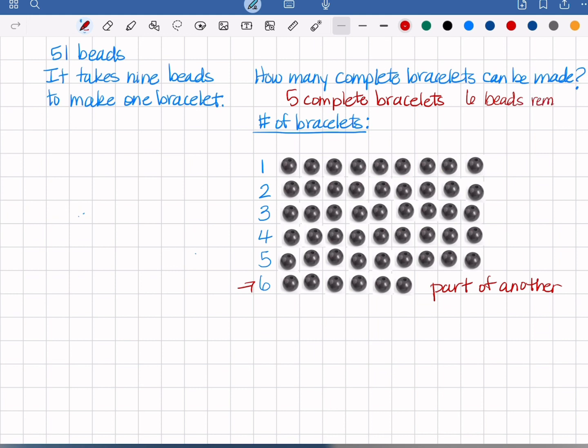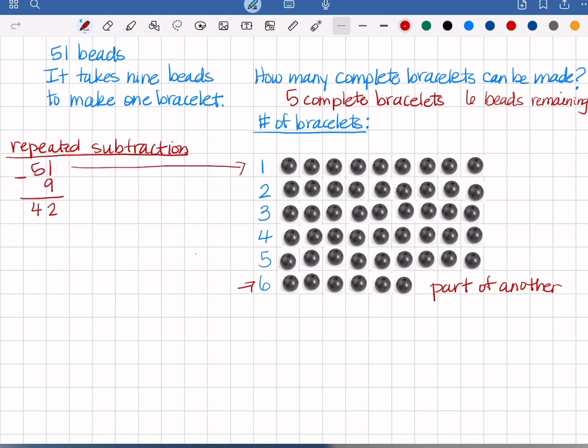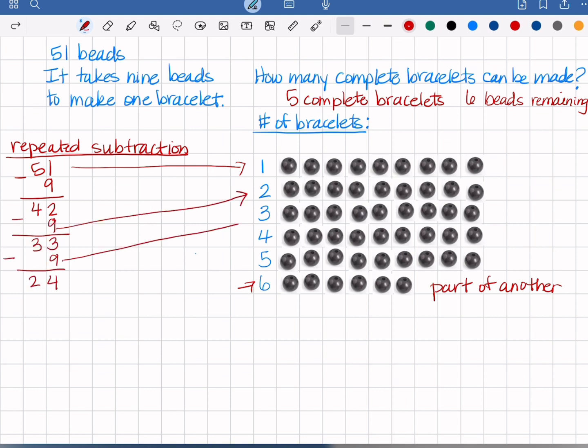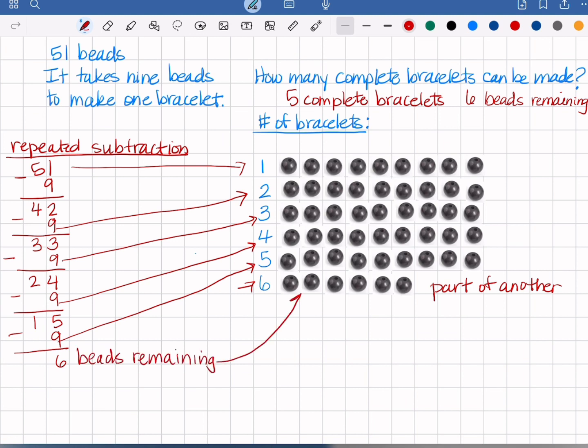And so this leads beautifully into repeated subtraction, where you've asked a question already about, well, if I start out with 51 beads and I take 9 of those beads to make a bracelet, how many do I have left? And continuing that so that the kids will understand what it means first to internalize division, and then what it means when I have these 6 beads remaining.